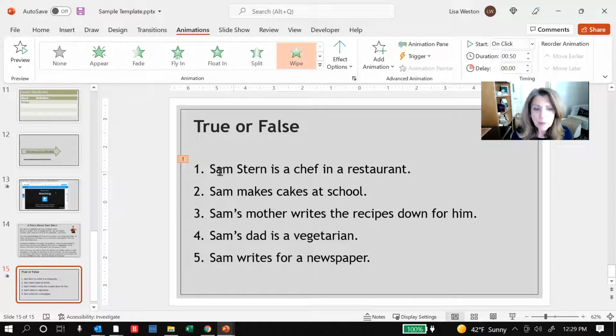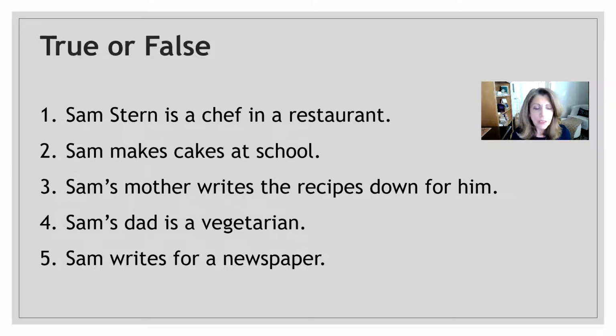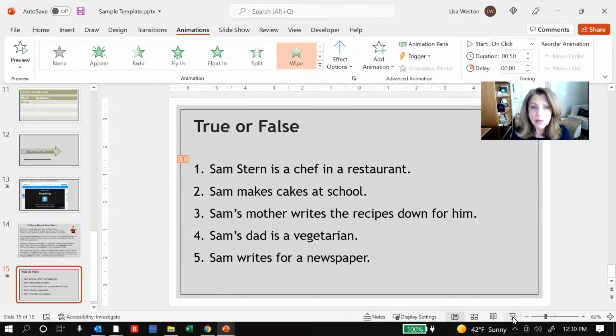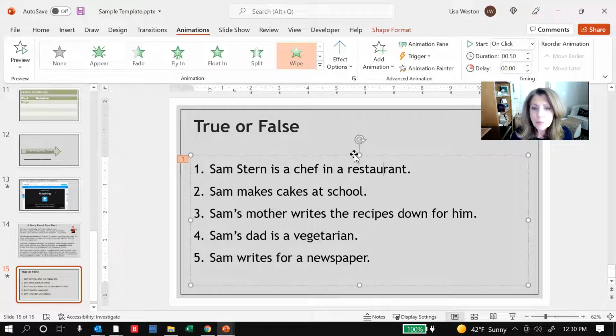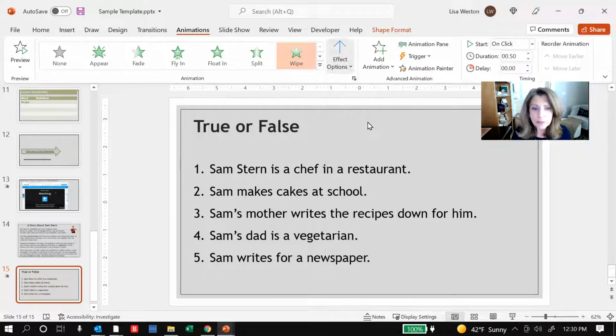So the first thing that happens is the entire list, if I go into slideshow mode, watch what happens. They all come on the screen and they wipe from the bottom to the top. So the first thing I want to modify is the direction of the wipe. If I click on Effect Options, I can say, nope, I want them to wipe from left to right. They're still, though, going to animate as a group, and that's still not quite where I want to be.